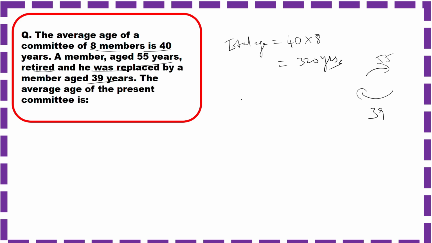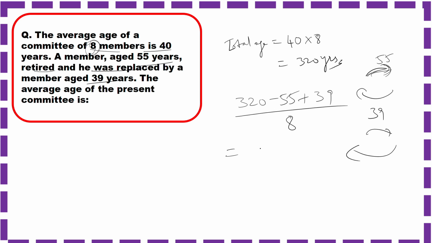So 320 minus 55, because he is going out, he retired, and he is coming in, so plus 39, divided by... 1 is going out and 1 is coming in, so there is no change in the total number, right? The total number of members remains unchanged, so by 8. So calculate this and you will get 38 years as the average age of the present committee.